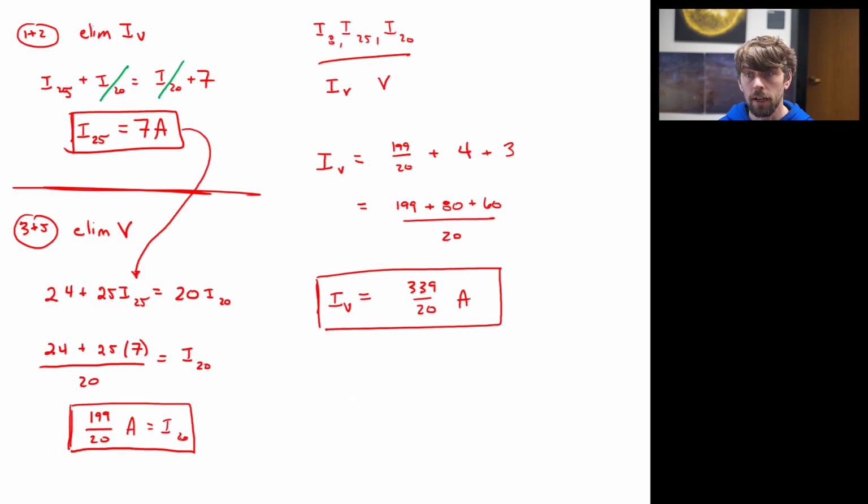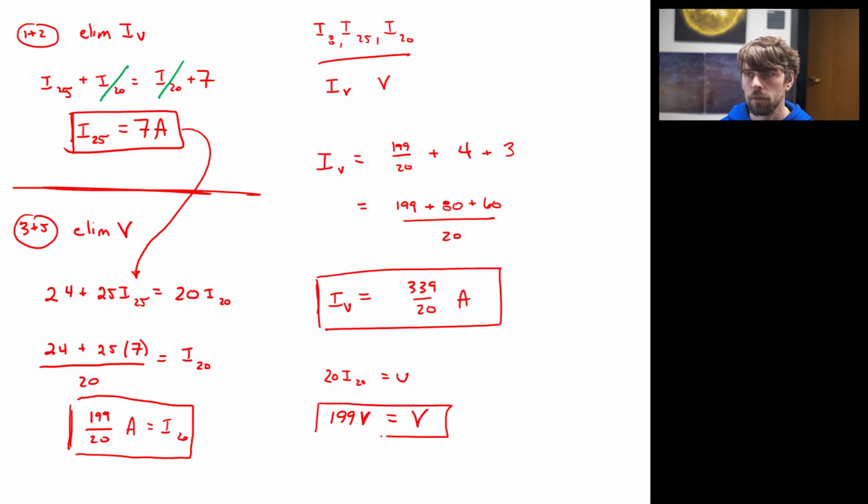We have 20 I20 is equal to V, but I20 is 199 over 20, and so the 20s cancel and you get 199. Now let's be careful. Potentials are in volts, right? You have an ohm times an amp, and so the final answer is in volts. In fact, I'll label that V battery.